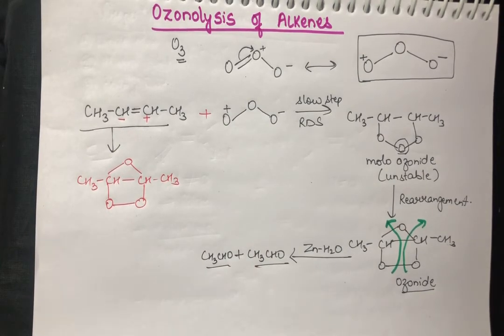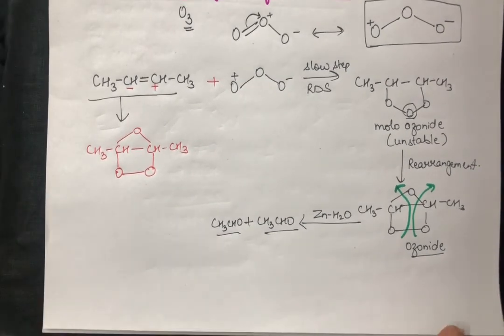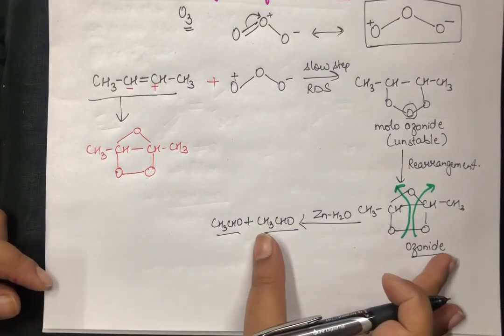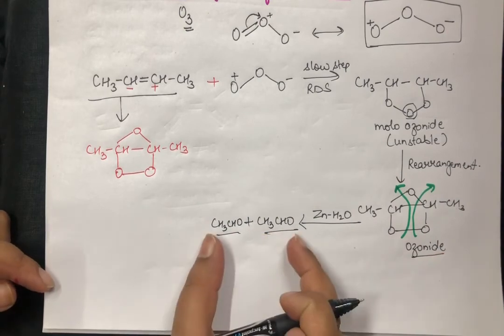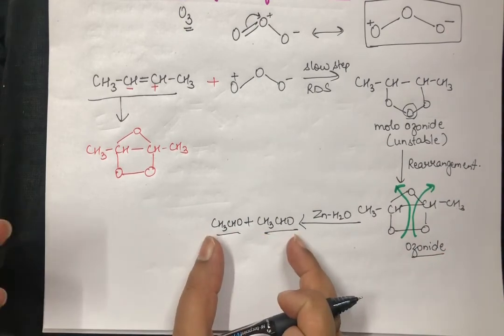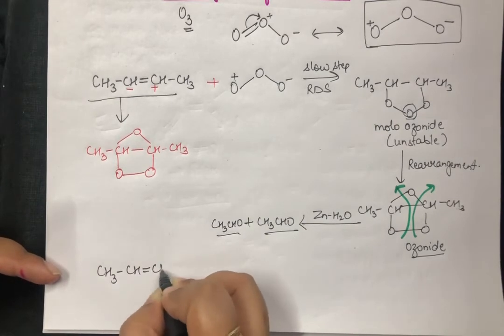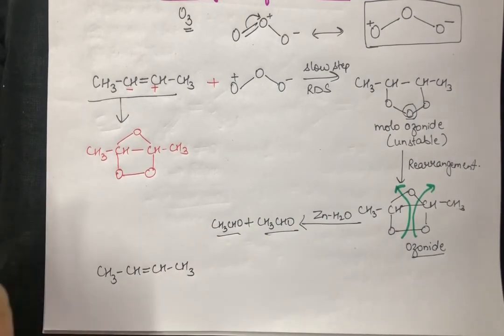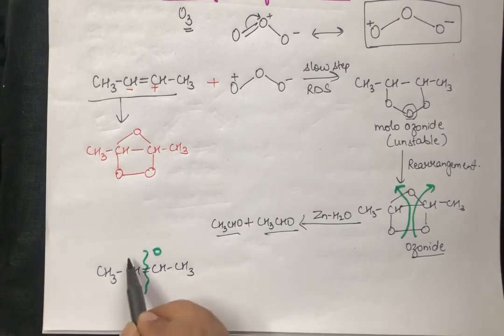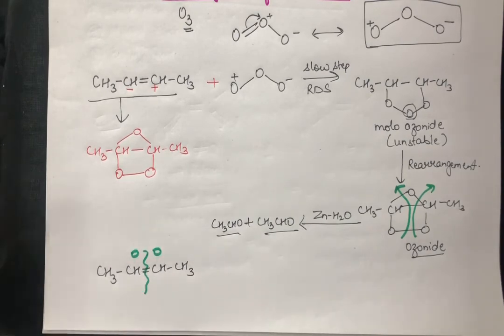Now, instead of doing such a long mechanism, in entrance exams, time is the biggest asset. You cannot spend so much time writing the entire mechanism just to write these two major products of your reaction. So what you do is, if you have a structure of your alkene like this, just break your double bond from here, add one oxygen here, add one oxygen here, and your product is ready.